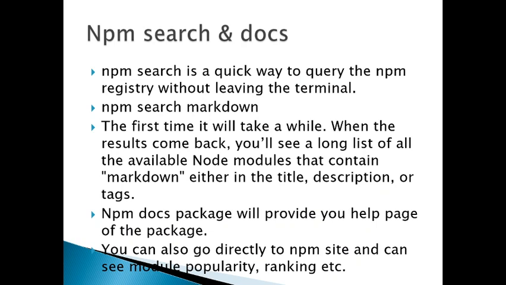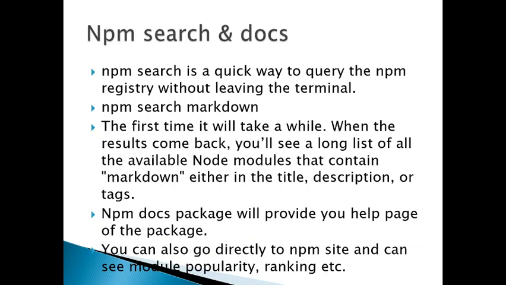Then npm search and docs. If you want to search for a specific module for your convenience, for example, I want to search for machine learning, what I will do is write the command npm search followed by the tag which I want to search.